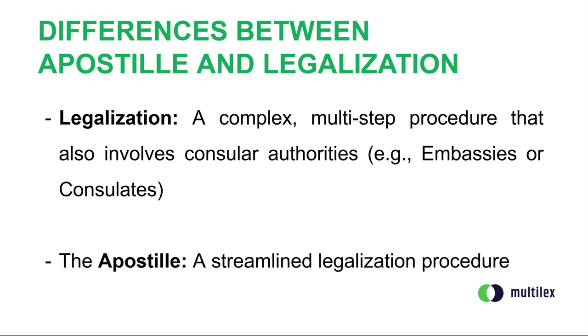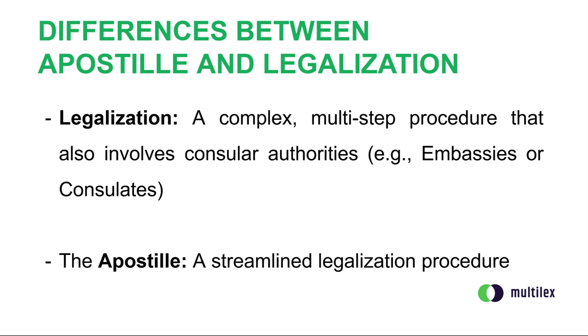What is the difference between apostille and legalization? Well, the legalization procedure, which occurs through the consulate or the embassies, could be very complex. It is a multi-step procedure. And as I said, it involves the consular authorities, so the embassies or the consulates of the receiving country, which are competent for the issuing country, so which are competent for the country that issues the birth record extracts in this case.